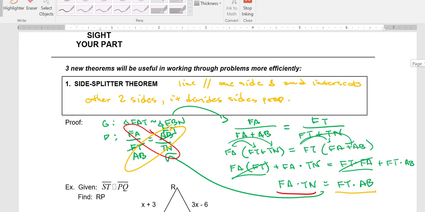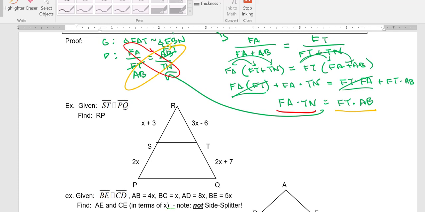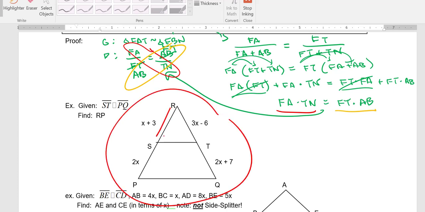Okay, so it's simpler than it sounds. So basically, in this particular case, it would be this is to this as this is to that.